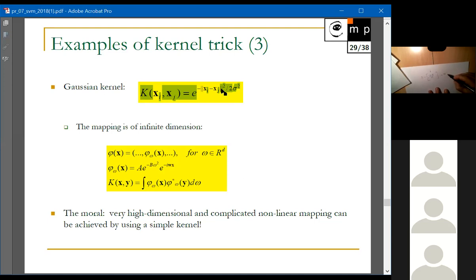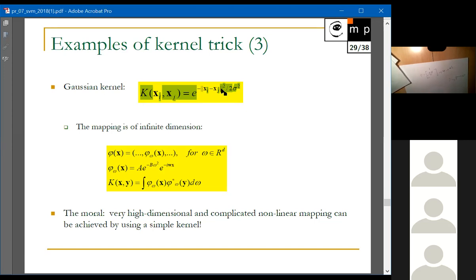What do we get out of the QP? The Lagrange multipliers, let's call them alpha or h_i, so we know which are non-zero. Then, when evaluating the classifier, we use the sum of h_i, class label, and the kernel function, which is exp of minus 1/2 the norm of x minus x_i over 2 sigma squared.